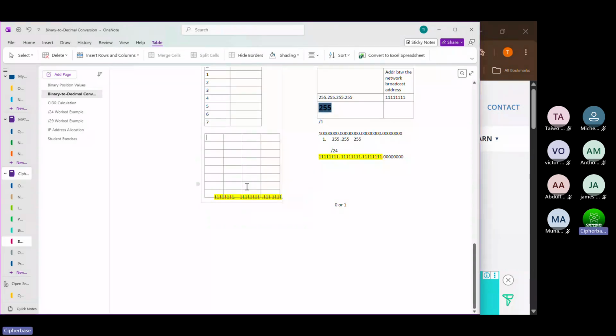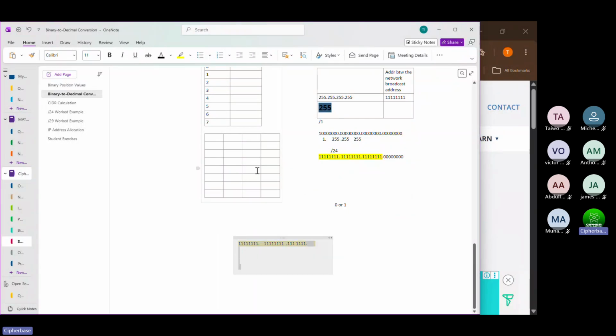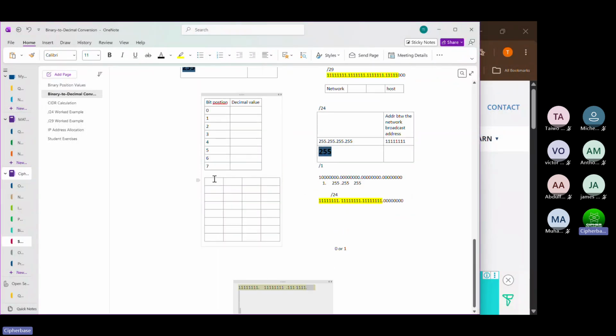So I want to use this so we can understand this better. That's why I create another table so we can understand better. Of course, let me say SN like this. That is the normal serial number.